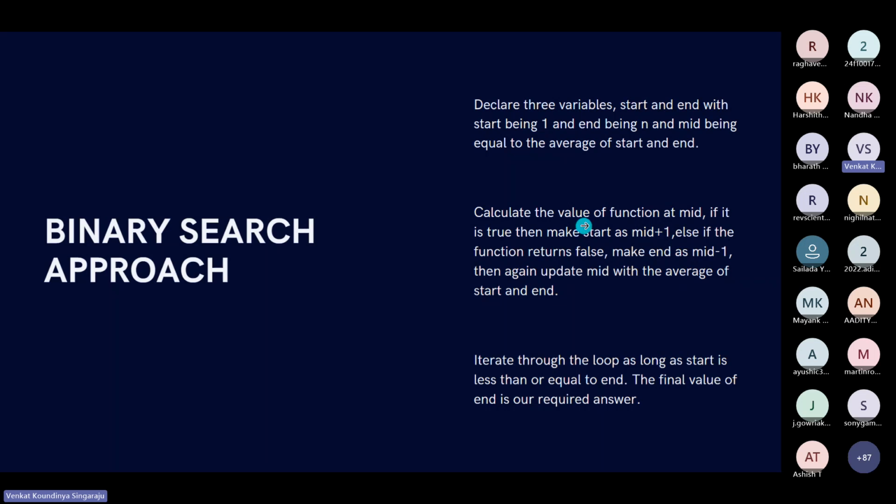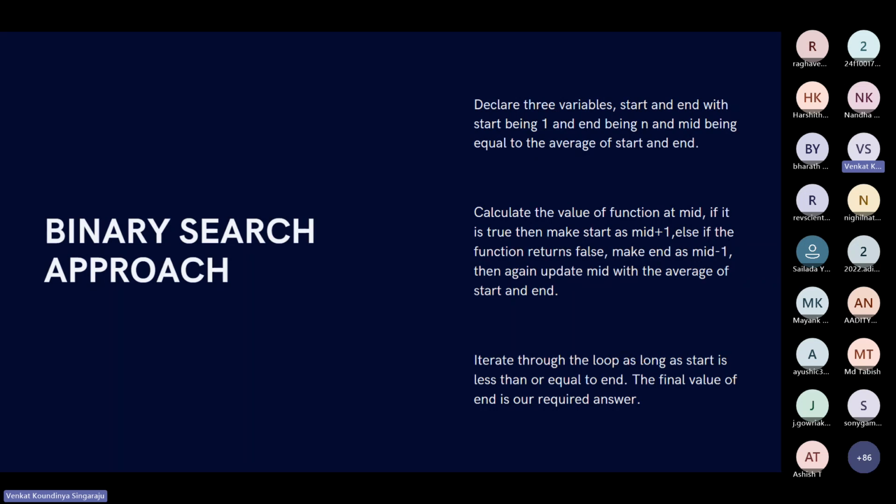Here, we calculate the value of the function at the integer mid. If it is true, we make start as mid plus 1. Else, if it is false, we make end as mid minus 1. And then we again update mid with the average of start and end. And we iterate through the loop as long as start is less than or equal to end.